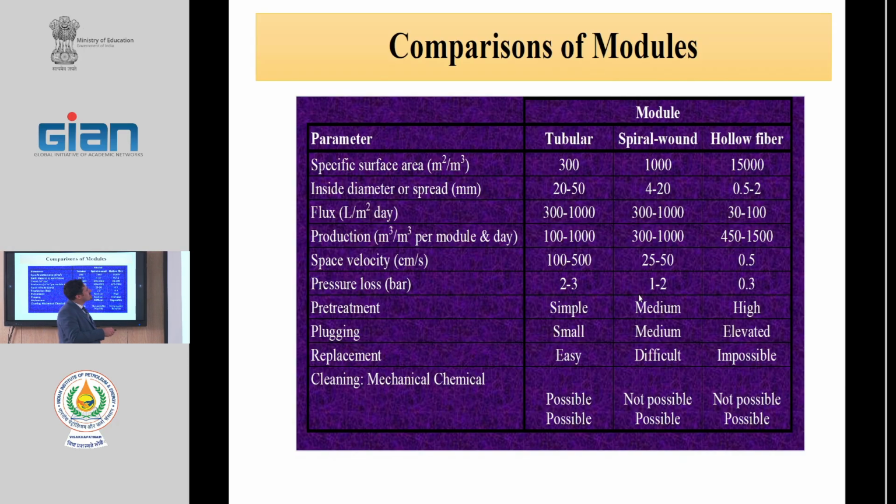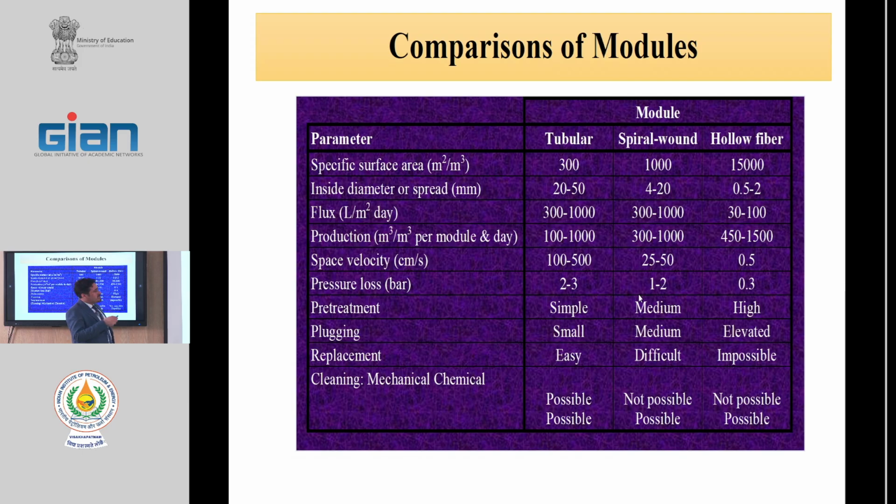The surface area is high, but the flux of hollow fiber membranes is low, because we cannot apply high pressure.